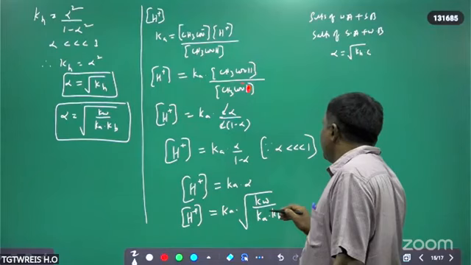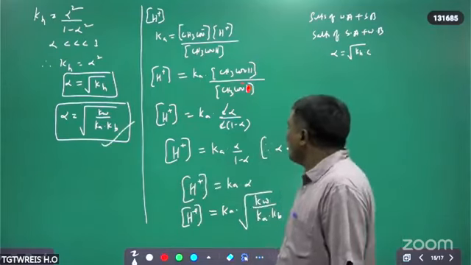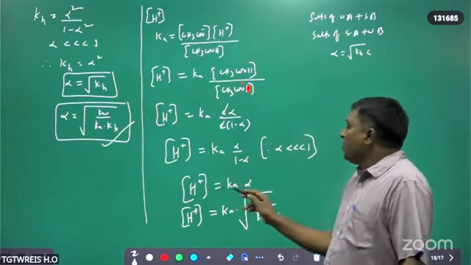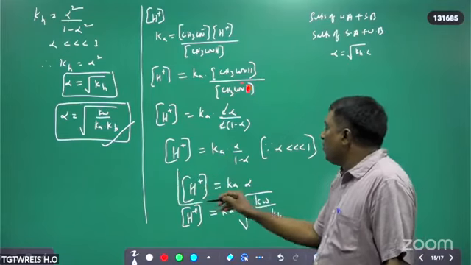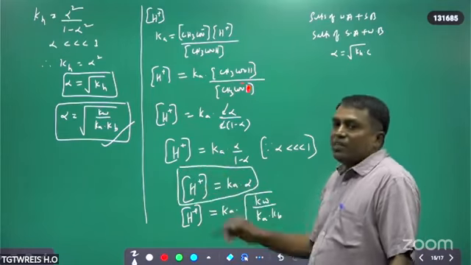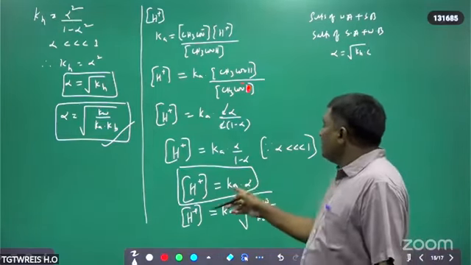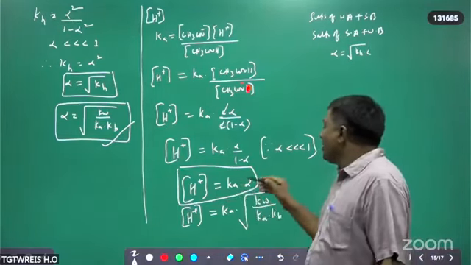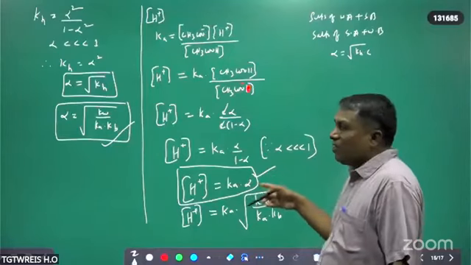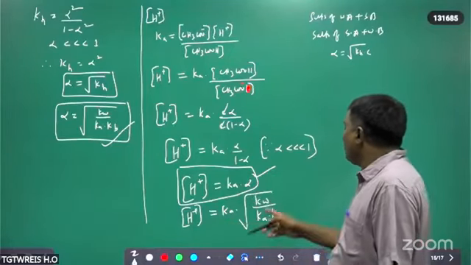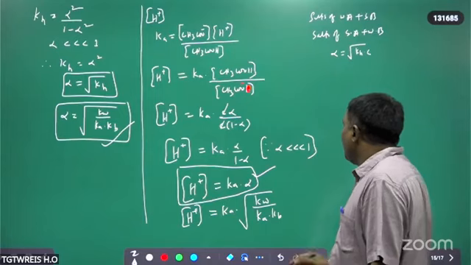So H plus ion concentration is equal to Ka into alpha. But in the previous cases, H plus ion concentration was C into alpha. In this case, it is Ka into alpha. So H plus is equal to Ka into under root Kw by Ka into Kb.